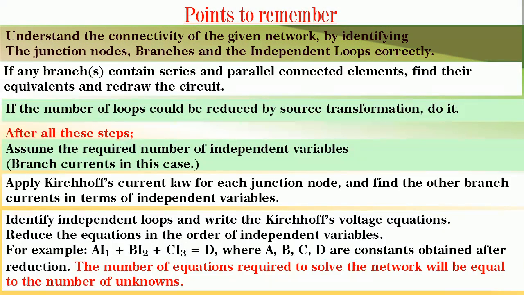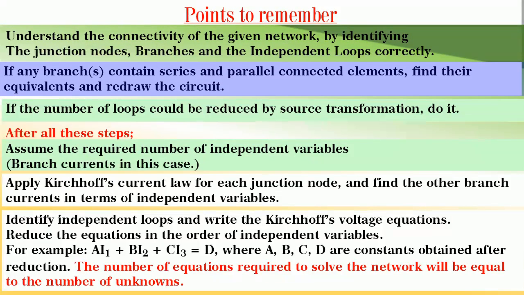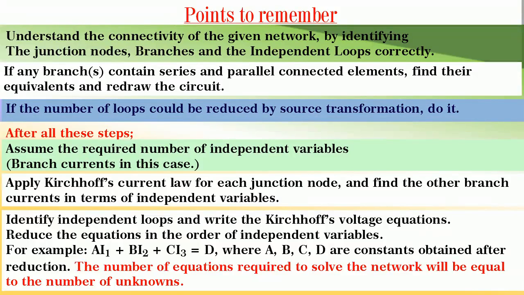The first is to understand the connectivity of the given network by identifying the junction nodes, branches, and independent loops correctly. If any branch or branches contain series and parallel connected elements, find their equivalents and redraw the circuit. If the number of loops could be reduced by source transformation, do it.